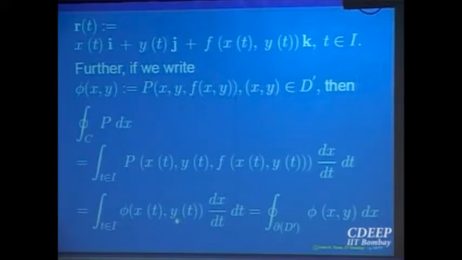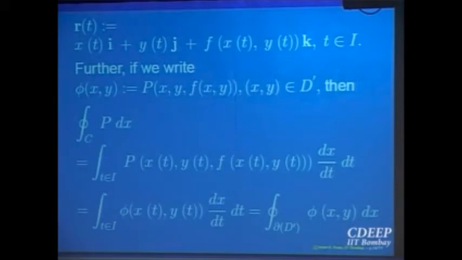You are evaluating its line integral over the boundary on the base, boundary in the base only, because t belongs to I. So you are evaluating this function phi(x,y) line integral over the boundary of the base D prime.